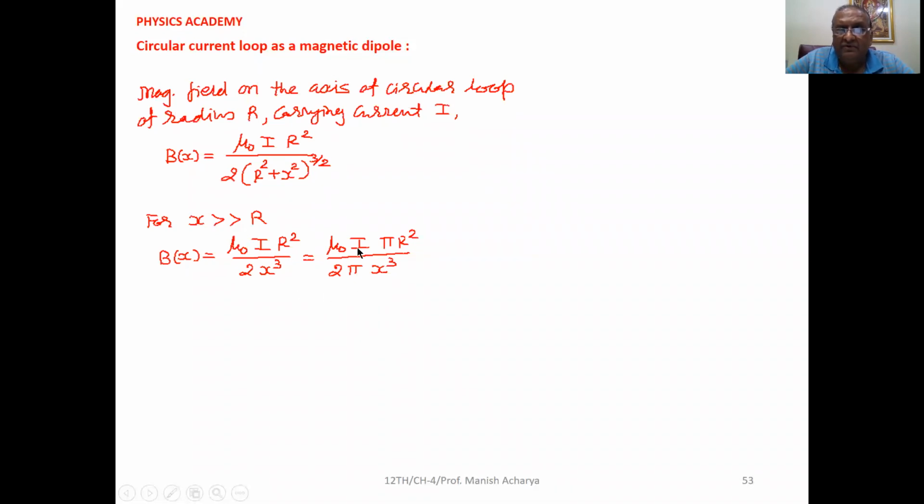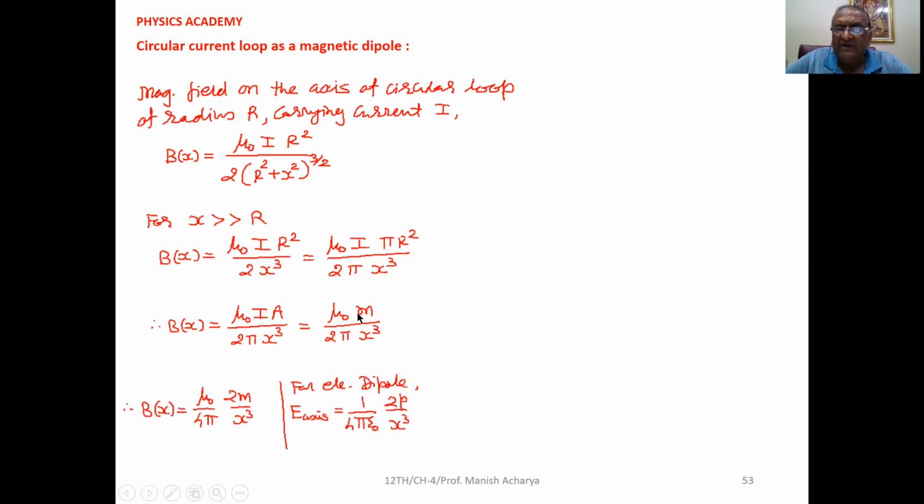So we can write mu 0 I into pi r square upon 2 pi into x cube. So B at x is mu 0, and pi r square is the area of the loop. So that is I into A upon 2 pi x cube, but I into A is the magnetic moment. So B at x is mu 0 m upon 2 pi x cube.